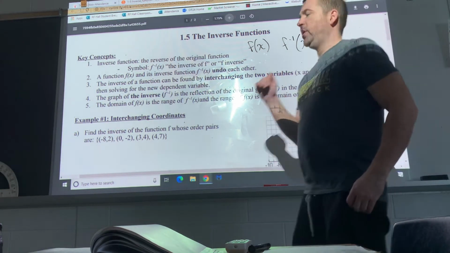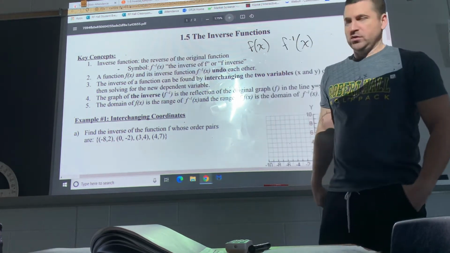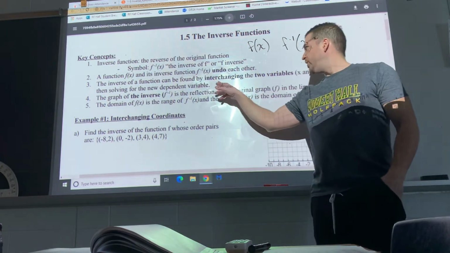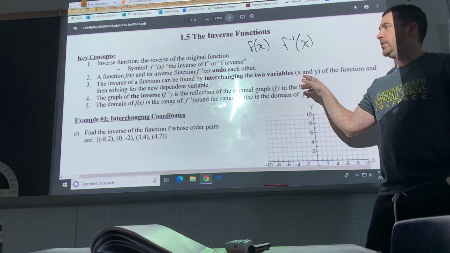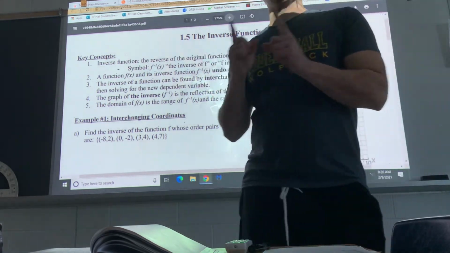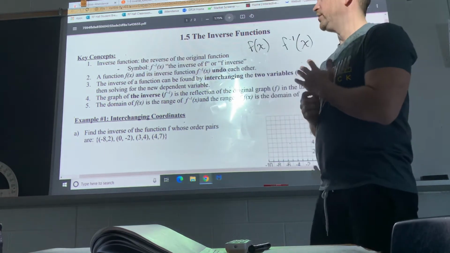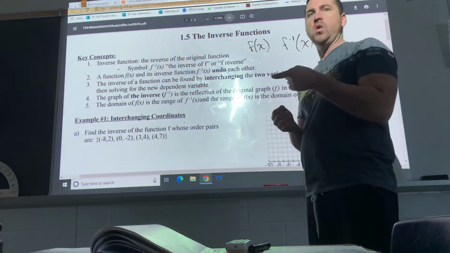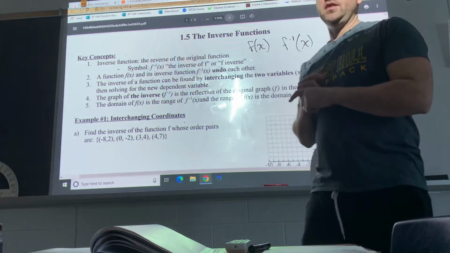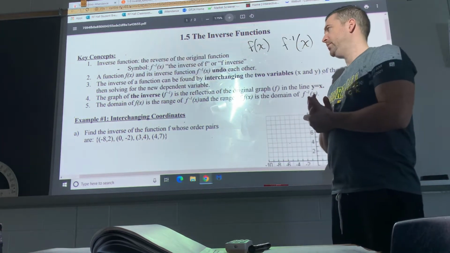So we're going to be following a few steps in order to find the inverse. The first step is we're going to switch the two variables x and y, so we're going to switch the spots of x and y. Actually, the first step is to convert the f(x) to a y, and then the second step is to change the x and y's positions.